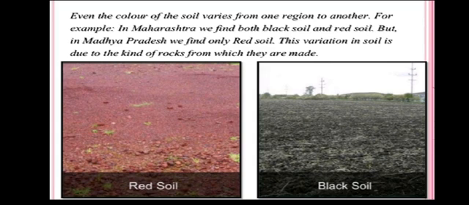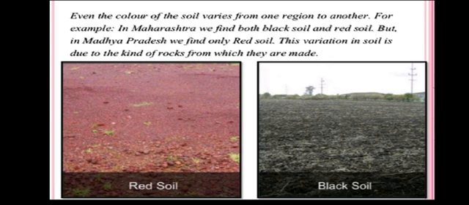Taj Mahal is made up of marble. And we talked about the softest rock and we studied that talcum is made out of that. Even we saw that the color of soil varies from one region to another. It is because of the color of the parent rock.